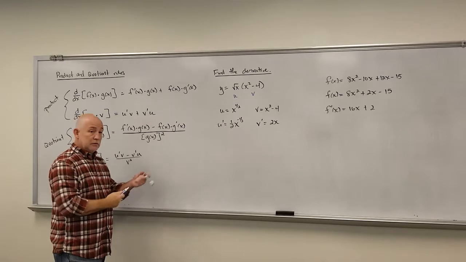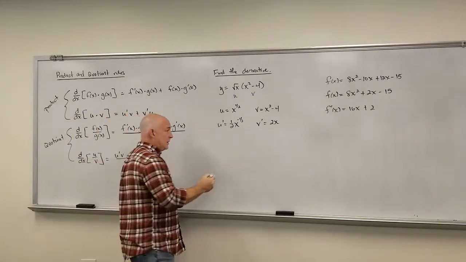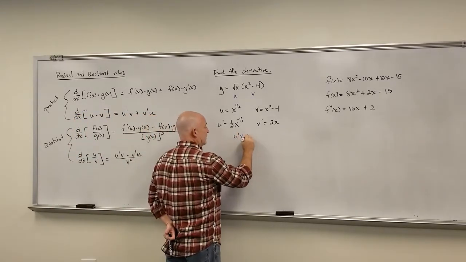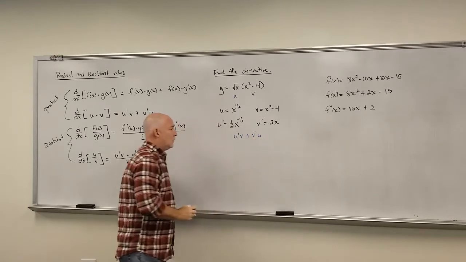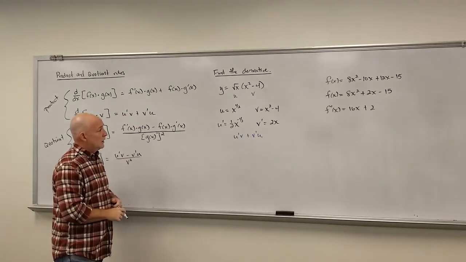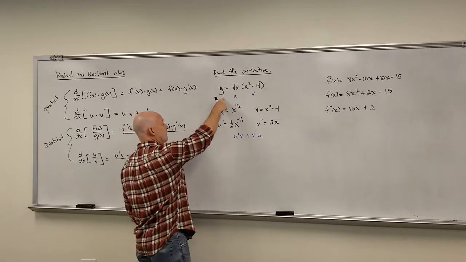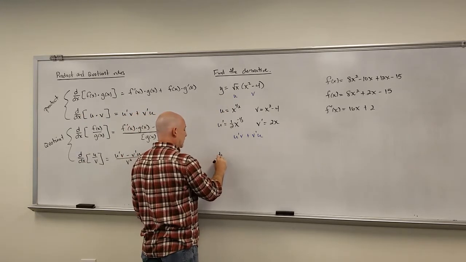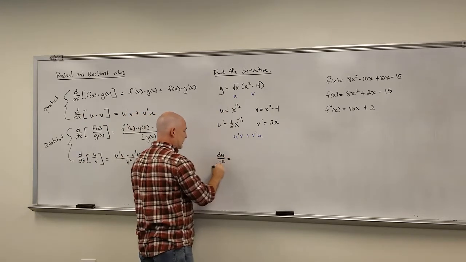Now again, our good news here is now that we have all the pieces, all we need to know is our rule, which is u prime v plus v prime u. And plug it in. So our function was y, so let's use our Leibniz notation or differential notation.